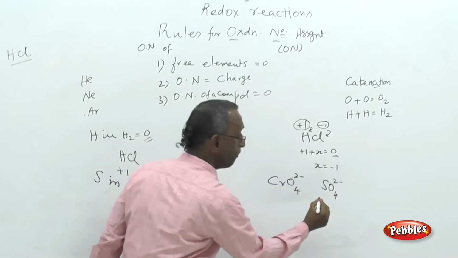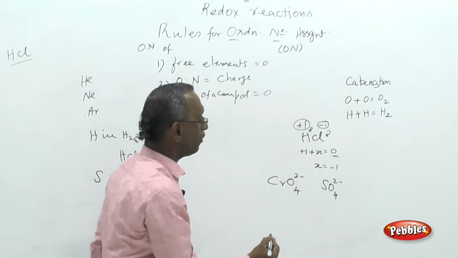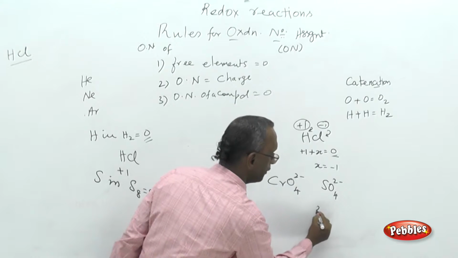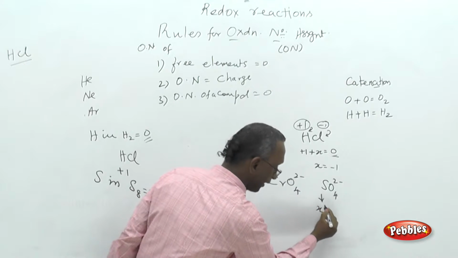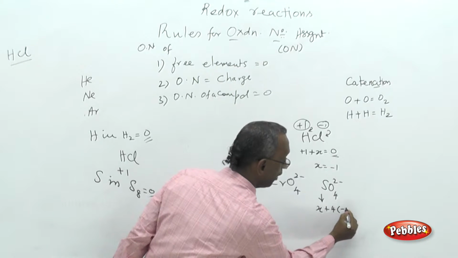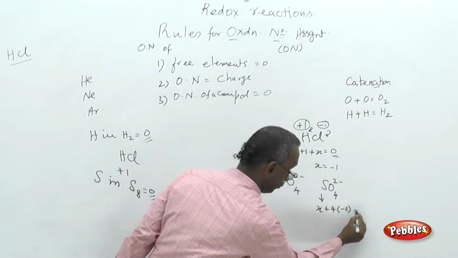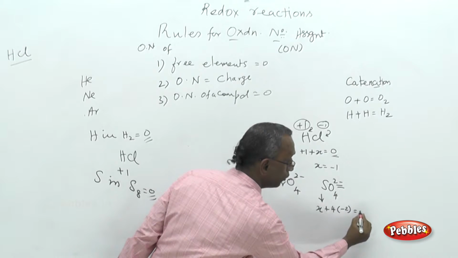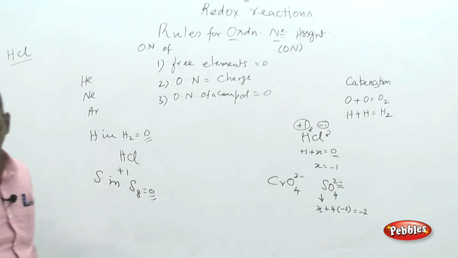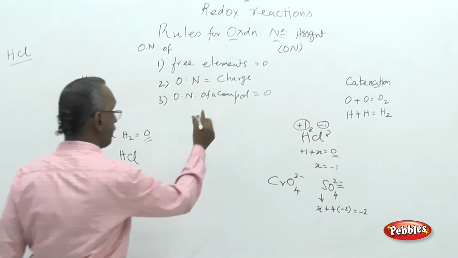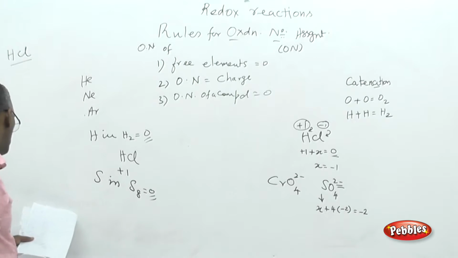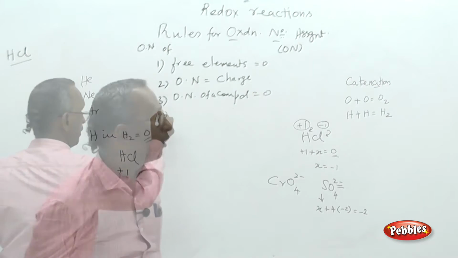Let us calculate the oxidation state of sulfur in the sulfate ion. It is assumed as x, plus there are 4 oxygen atoms, each with an oxidation state of -2. The total we have to equate to the charge, we should not equate to 0. So then it has to be solved. So the oxidation number of a neutral compound is 0. That is to be noted.